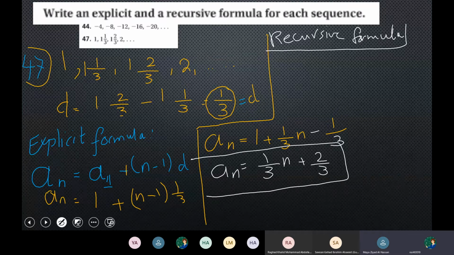Yes, Maya. Teacher, can you hear me? Here I want you to find the recursive formula.